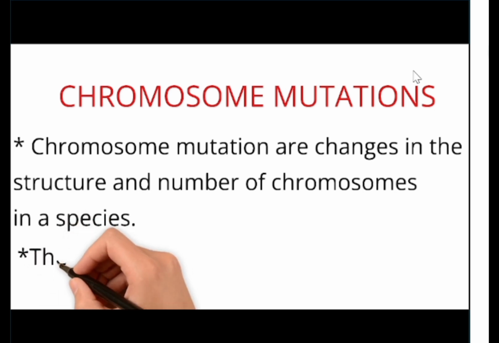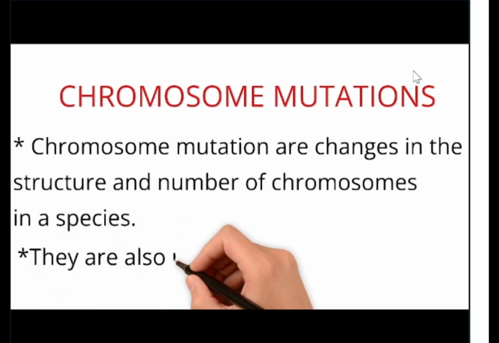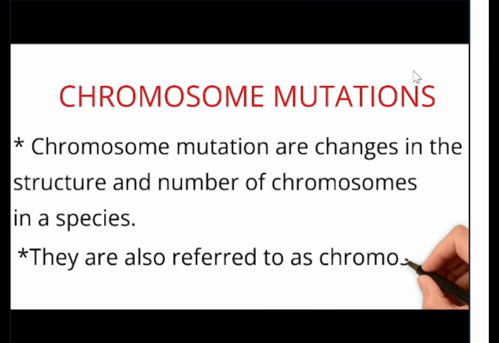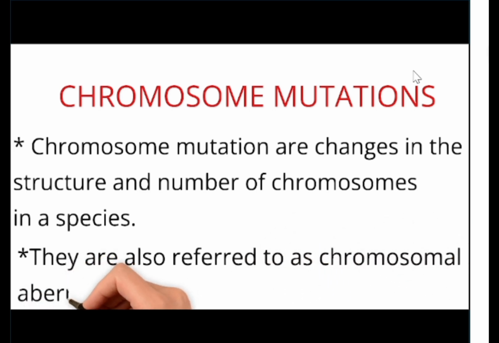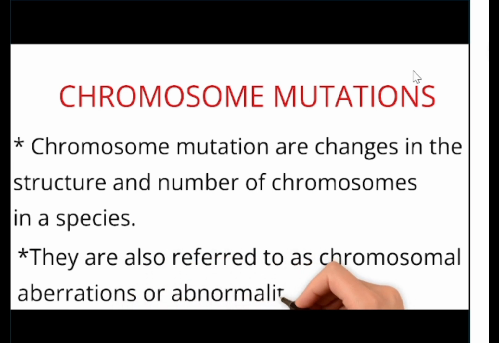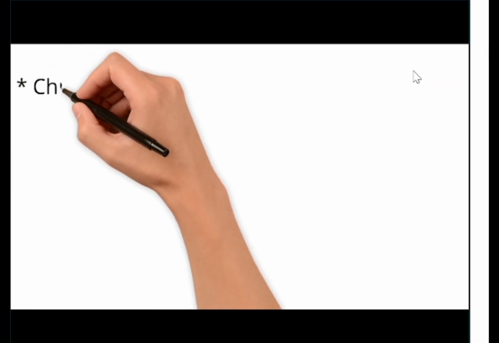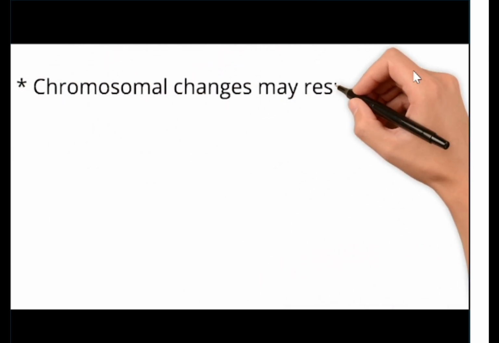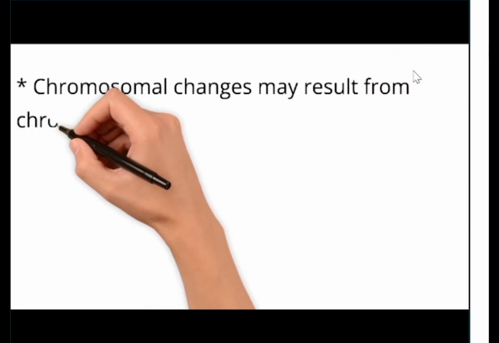Which one we call them depends on which one you want to call them. What we call chromosome mutations may result from chromosome breakages and reunion in an abnormal way. You know that during the time of cell division, chromosomes can break. All right.